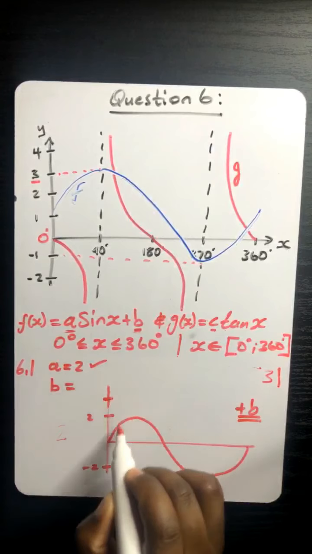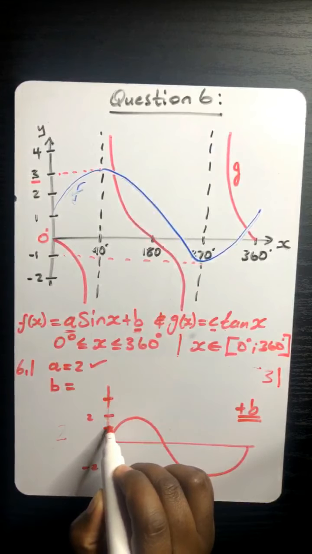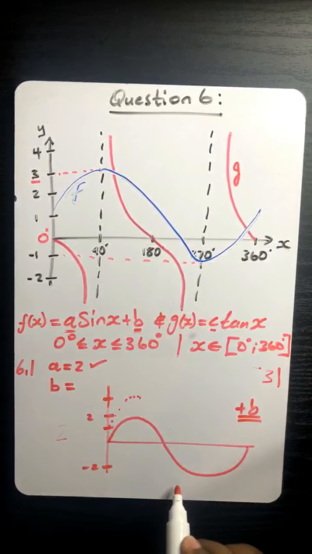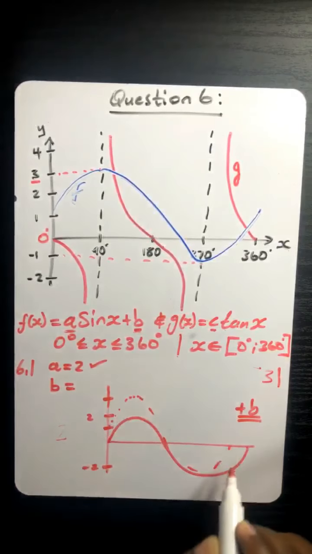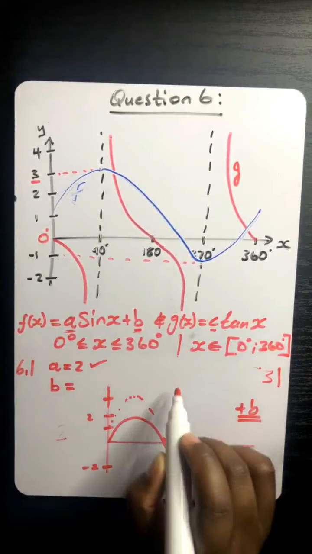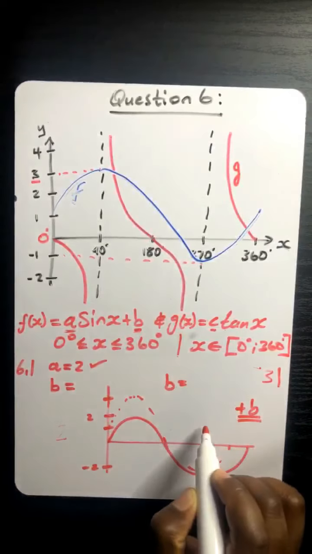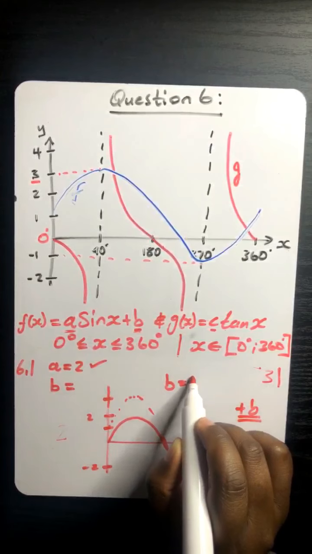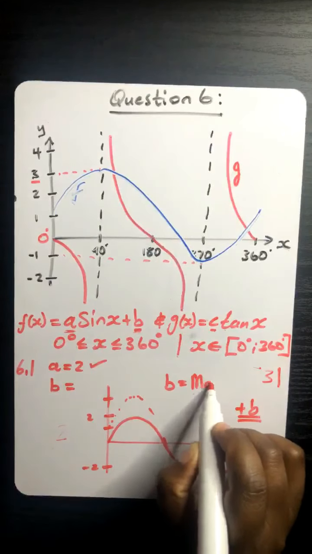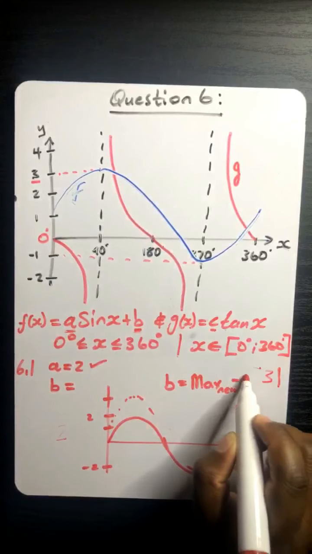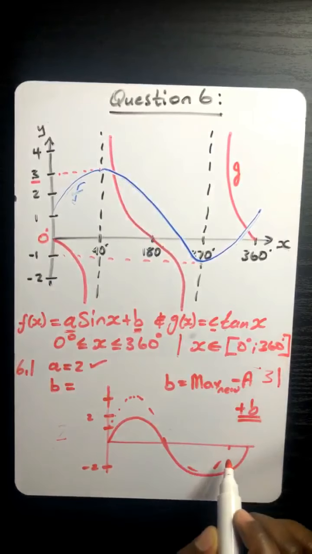Can you see the new maximum value now? It is a 3. So the shift, or the b value, is equal to the new max minus the amplitude.